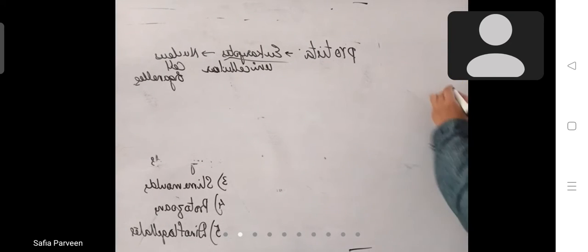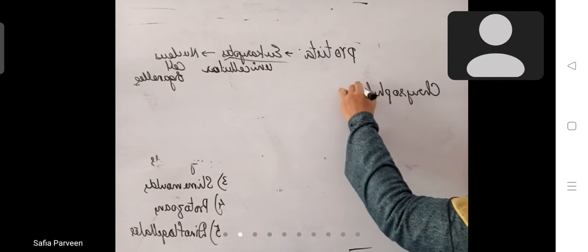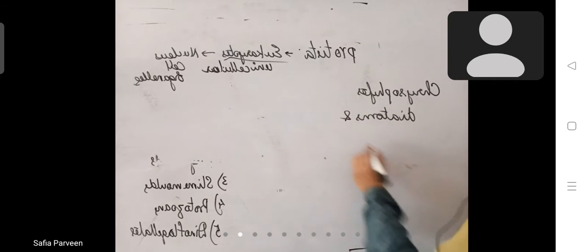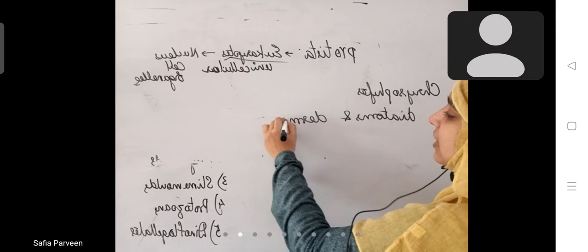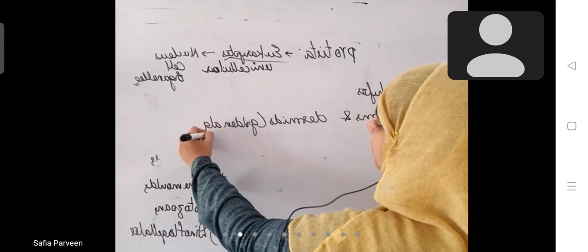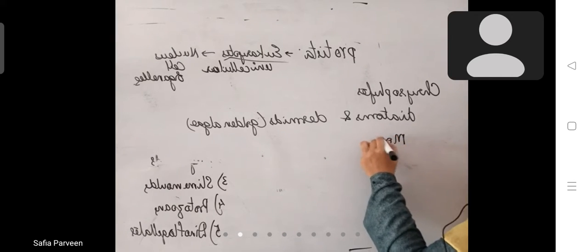Now first one is chrysophytes. Chrysophytes include diatoms and desmids. Desmids means golden algae. They are named so because they appear golden in color. And most of them are photosynthetic.